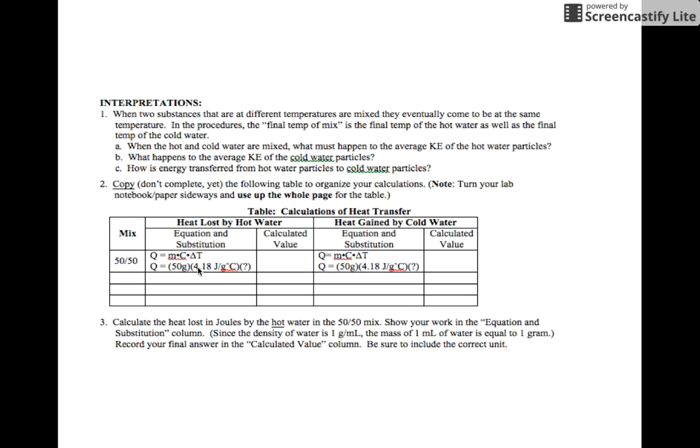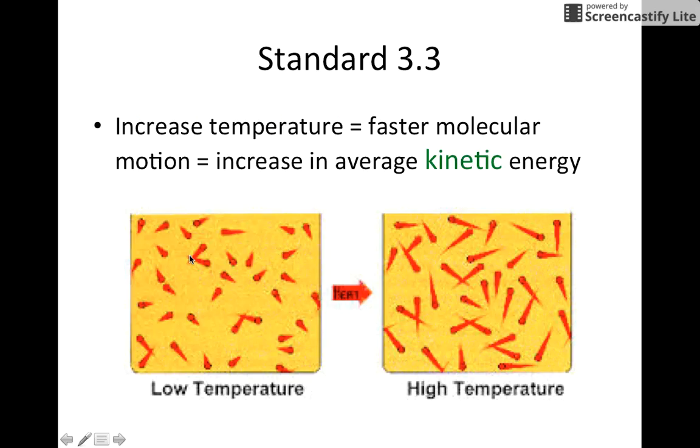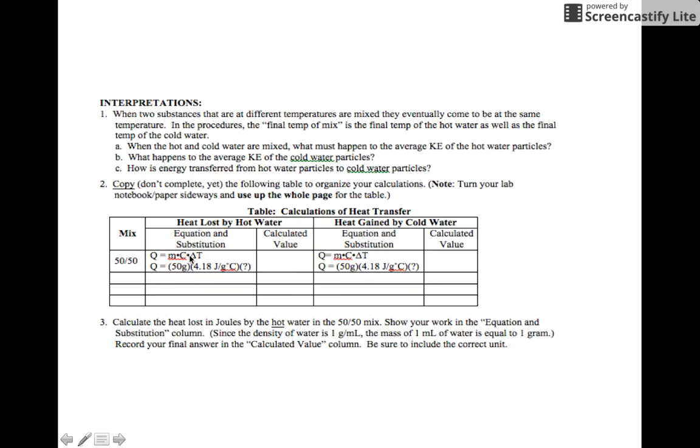But you might want to introduce a lab like this where they actually start to use that and do some calculations, because as I mentioned in a previous video, this formula and this calculation is not introduced until much later in the year. So I like to do a little bit with it now while we're talking about heat, having it in context for them.